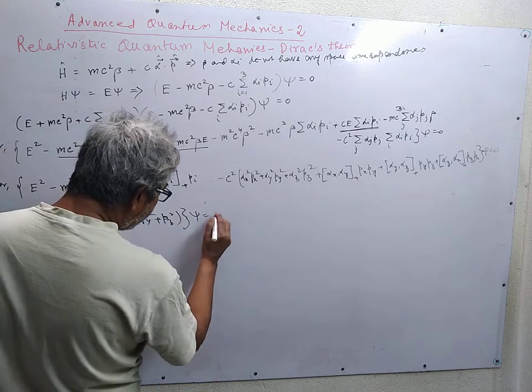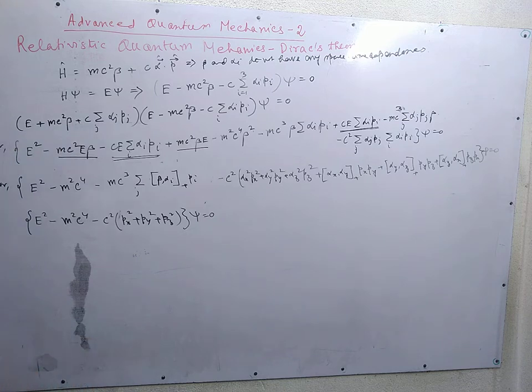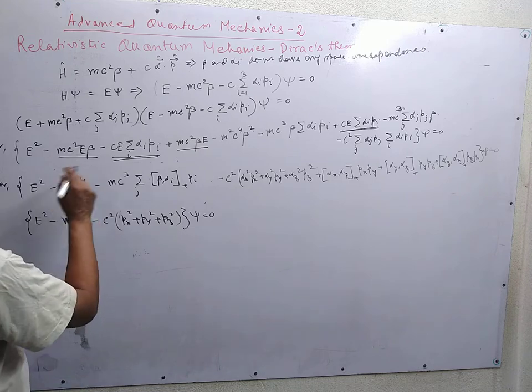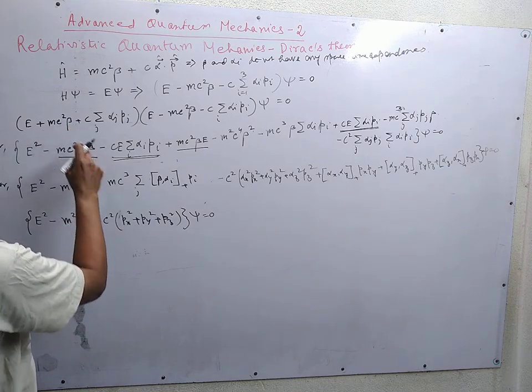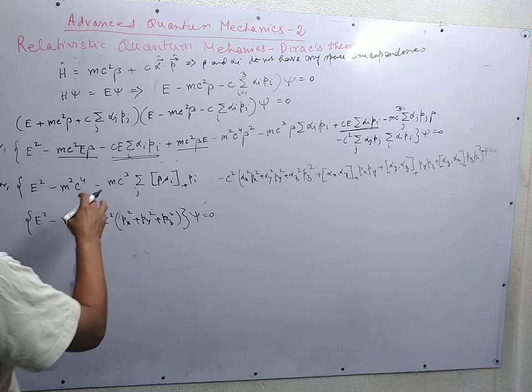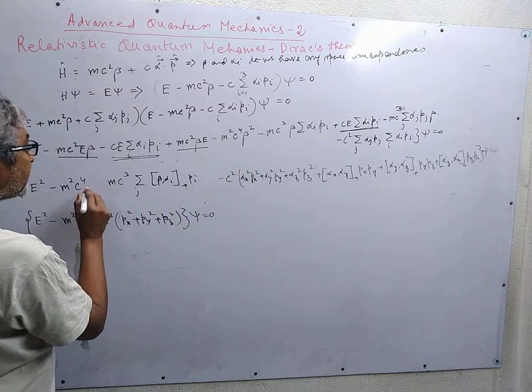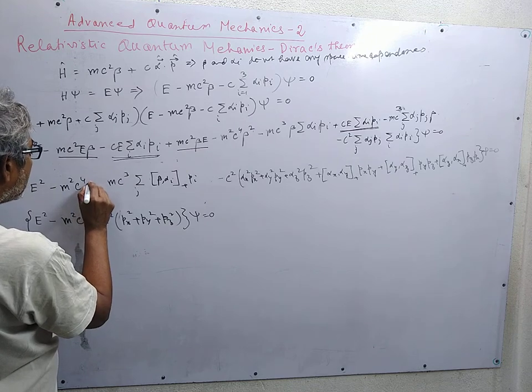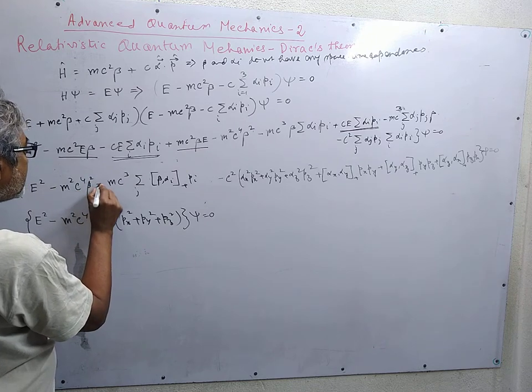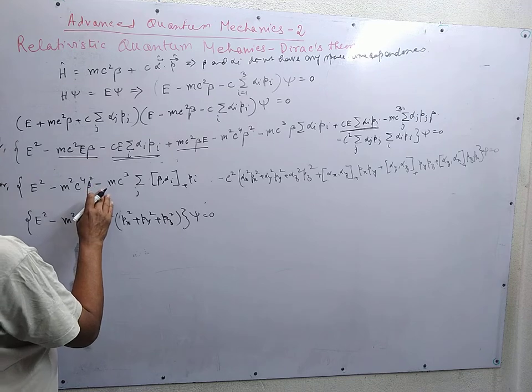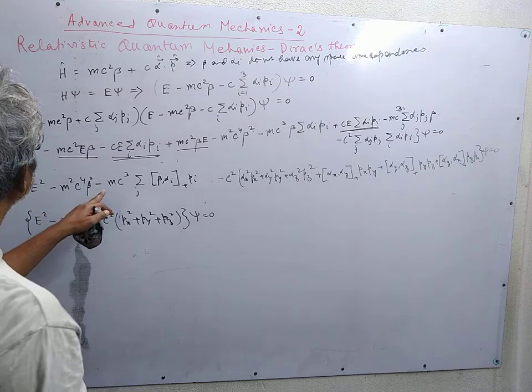If we compare this Dirac equation with the Klein-Gordon equation, a few things come. Oh, I have missed the beta square term, mc to the power 4 beta square. This beta square term I am missing. And the sign was mc cube.